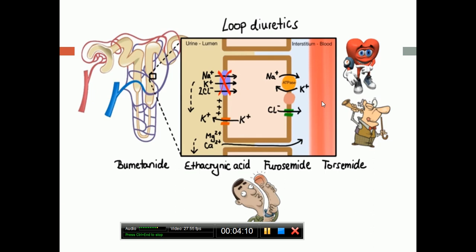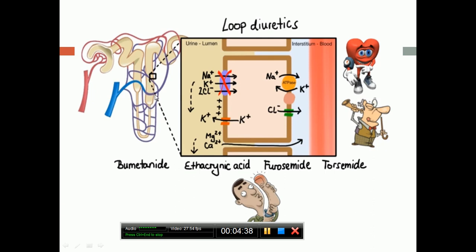So there are many transport proteins, or transporters you can say, and the most important one you can see here on the screen. This segment we are talking about is thick as compared to this thin. This is descending. It makes a 180-degree turn back into the cortex.